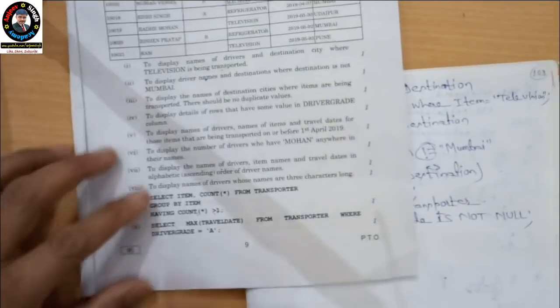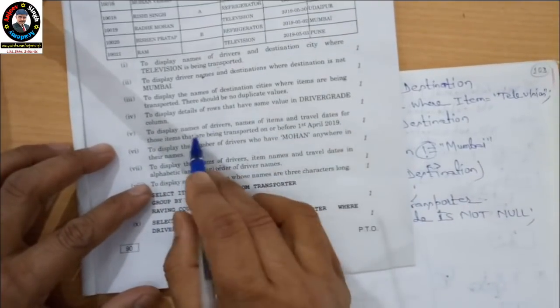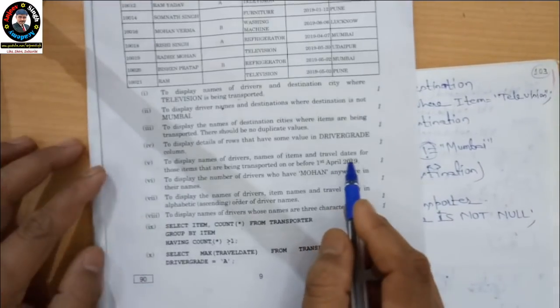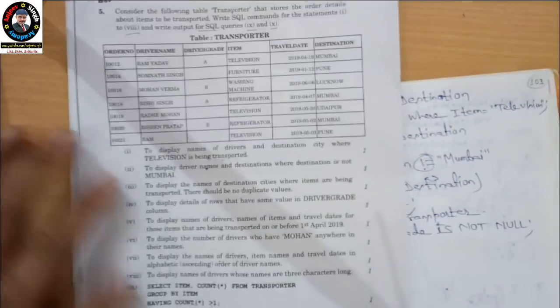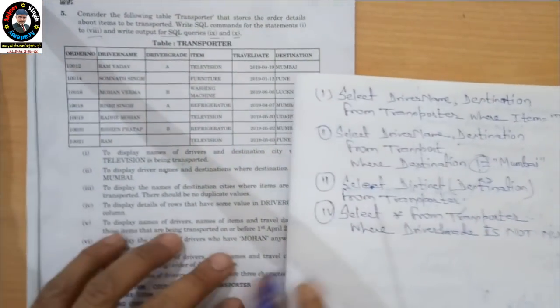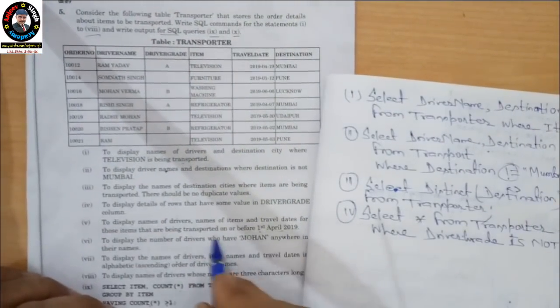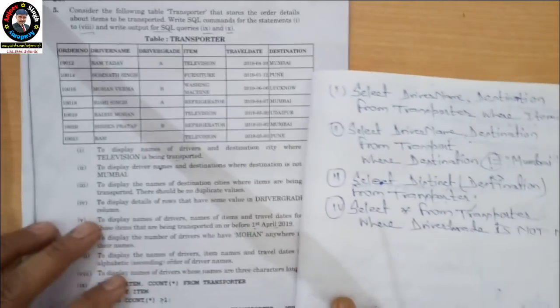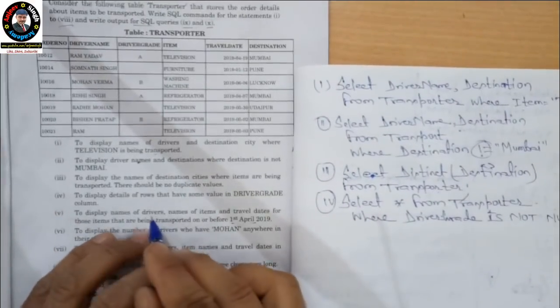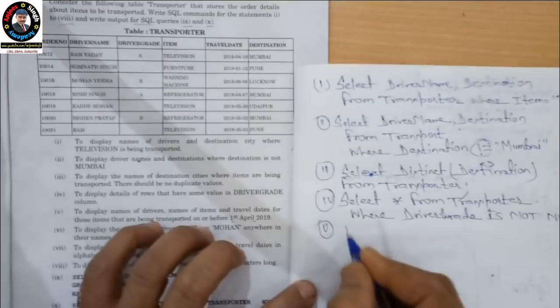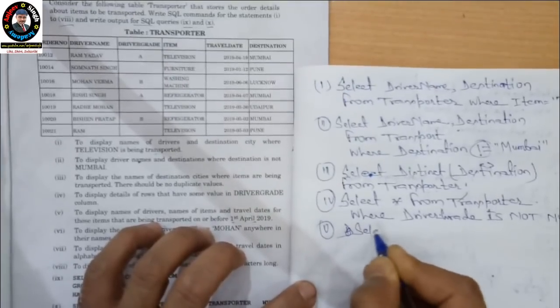What is the next question? The next question is display the name of drivers, name of items and travel dates for those items that are being transported on or before 1st April 2019. Means on or before this date. So what is the answer of this question?